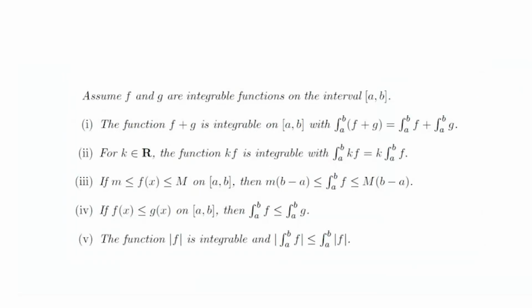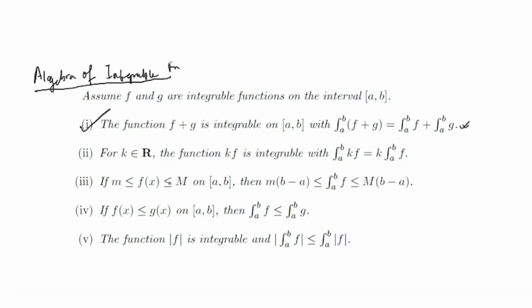If f and g are integrable functions on the interval, this is the algebra, okay? Algebra of integrable functions, which I told you is very important, because this helps you to integrate more and more functions. If f and g are integrable, then f plus g is integrable and it's defined as this. For k, a constant function is integrable and it is defined like this.